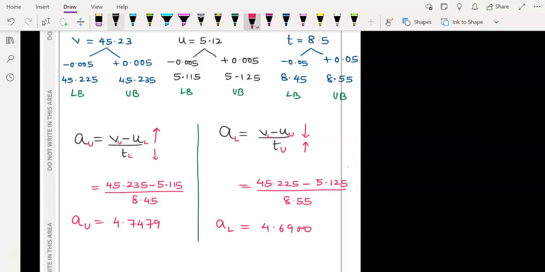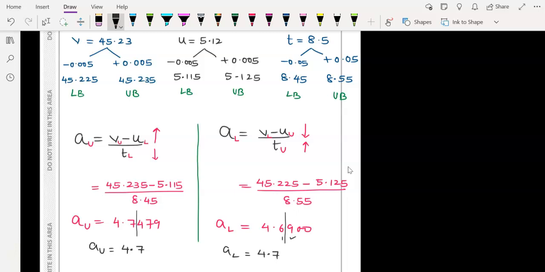Now we need to find a particular rounding so that approximately both are giving me the same answer. If I round both to one decimal place, I'll get 4.7 here. Similarly, if I round to one decimal place here, this is a strong 5, add 1, I'll get 4.7. So when you round to one decimal place, both upper and lower bound give me the same answer.